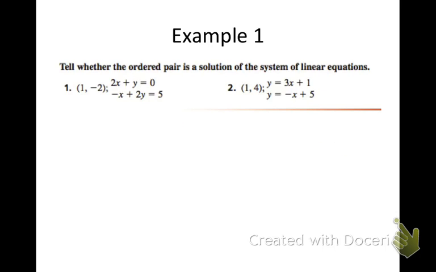So for example 1, we're going to tell whether the ordered pair is a solution for this system. And the way that we do that is we substitute in the values and we check the work to see if they work. So for the first one, we would substitute in a 1 for x and a negative 2 for y.